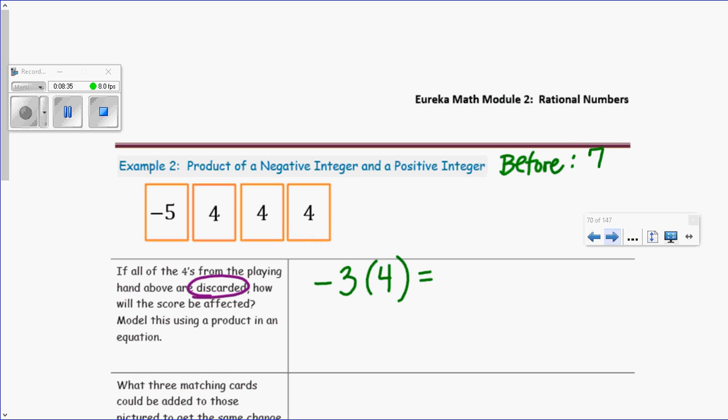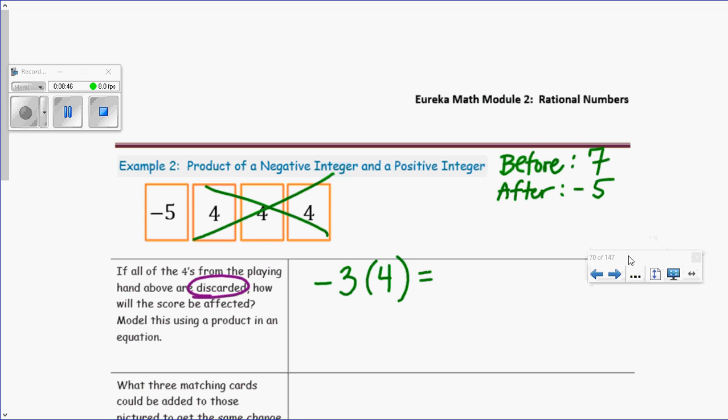So before, it was positive 7. If I get rid of them, now my score is, well, it's really easy. It's just the negative 5. So my score went down 12. And that makes total sense, because if I'm getting rid of 3 4s, I now have a score of negative 12.